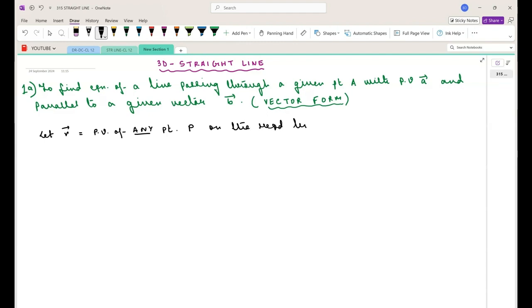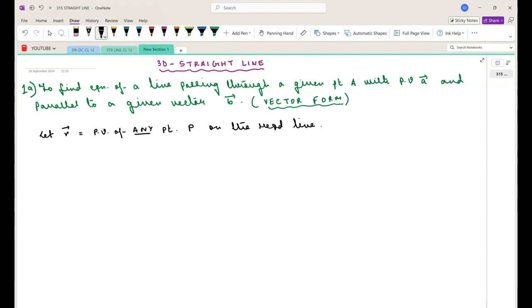That is the line whose equation we are required to find. Remember in 2D also we used to take a moving point P with running coordinates h, k. Similarly, here in the vector form, instead of running coordinates h, k in the Cartesian form, we will take r as a position vector of any point P on the line. So P is a moving point. So for different positions of P, r will have different values.